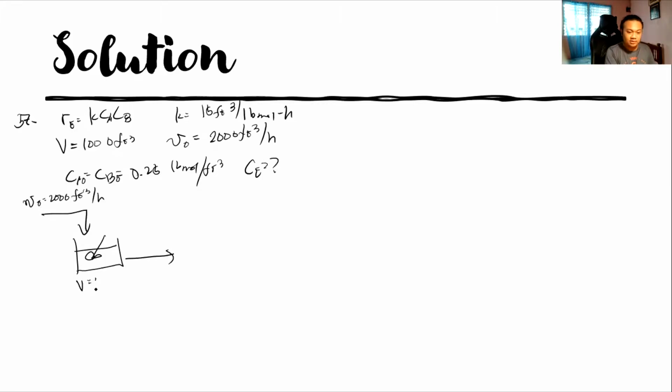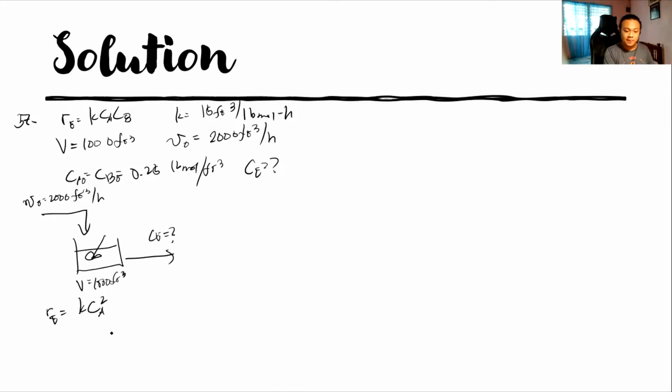And then we have the volume of 1,000 cubic feet. Then we are tasked to find CE. So yeah, as you can see, Ca and Cb are actually similar, diba? Similar in concentration. So we can simplify our formula, diba? So imbes nga Ca, Cb, so we can simplify it to just Ca squared.